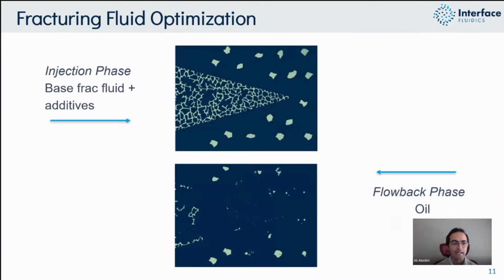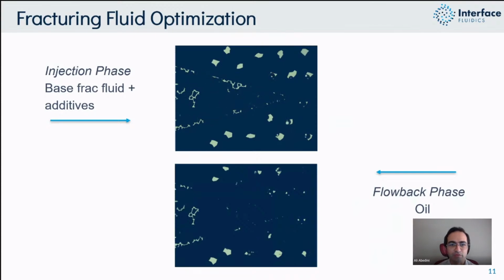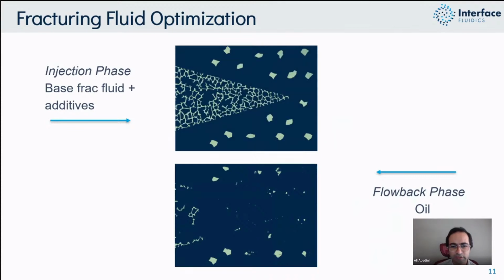So here is just a sample video. The top video shows the injection of the frac fluid into the matrix from left to right. As you can see, the frac fluid is clearing the frac zone, and also it's displacing the oil from the pores. Through that process, we can measure how much oil has been displaced and then quantify the displacement efficiency.